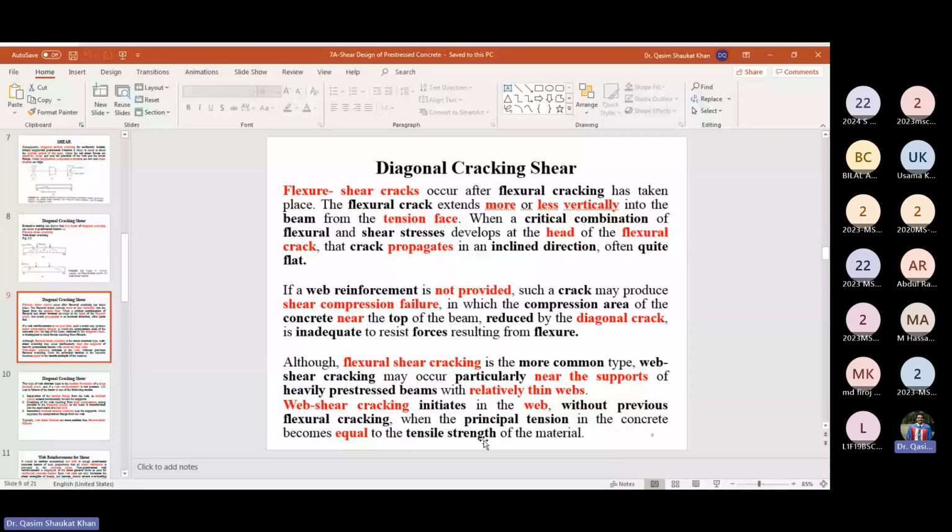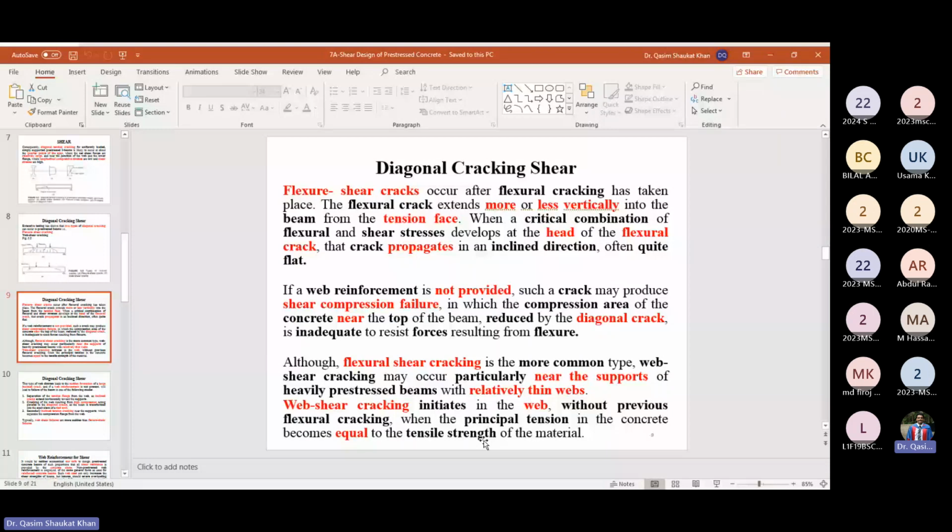But in case of heavily pre-stressed beams, because we have large compression throughout the section, at the supports you have large compression, and the tensile stresses due to the bending moment are small, so that can initiate your web shear cracking.